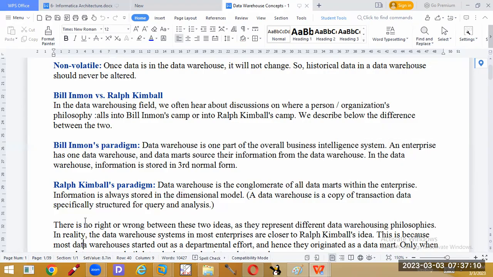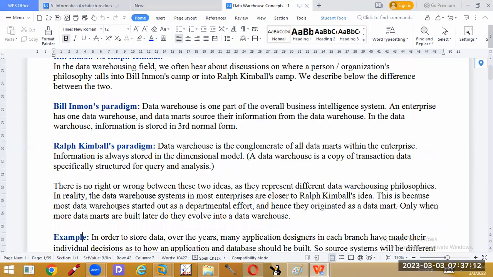But there is no right or wrong between these two ideas, as they represent different data warehouse philosophies. Actually, in reality, the data warehouse systems in most enterprises are closer to Ralph's idea.